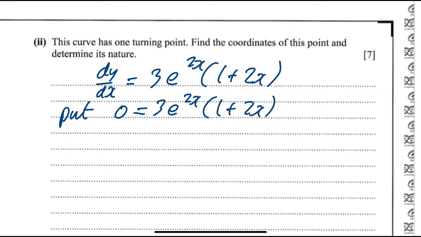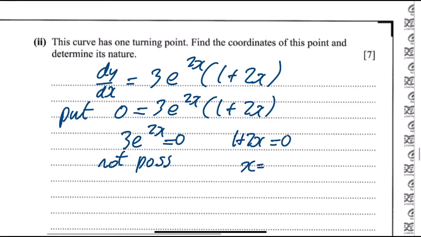So that means 3e to the 2x equals 0, and that's not actually possible. Your e to the x graph never actually touches the x-axis, so that's never going to be equal to 0. So 1 plus 2x equals 0. A wee bit of working out means x equals minus a half.